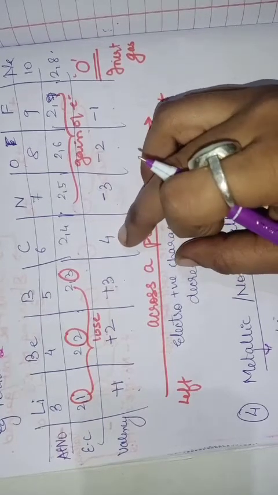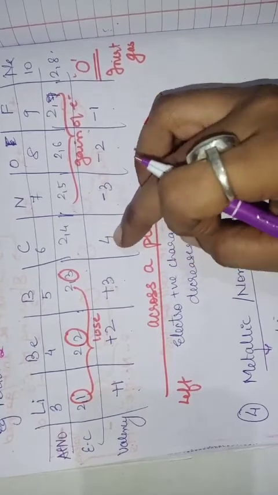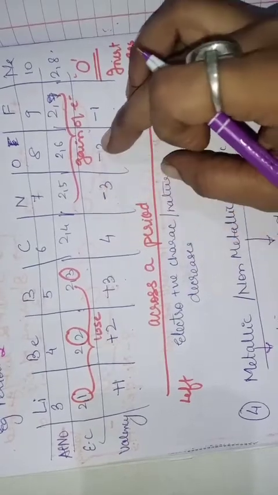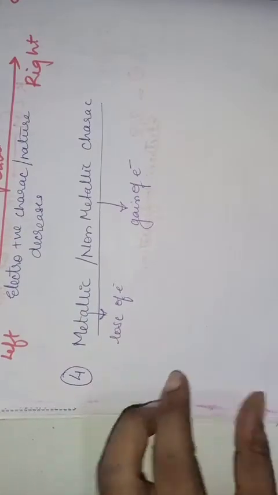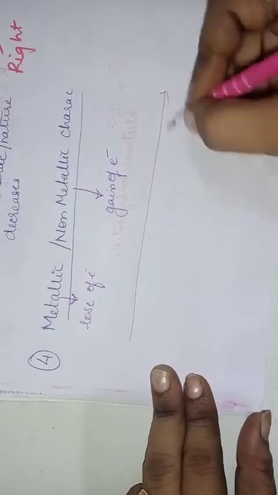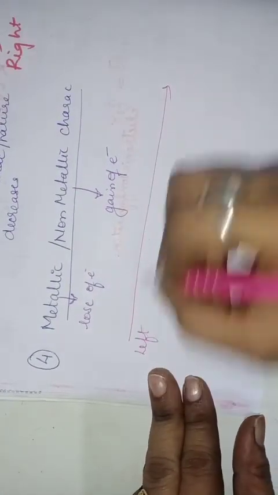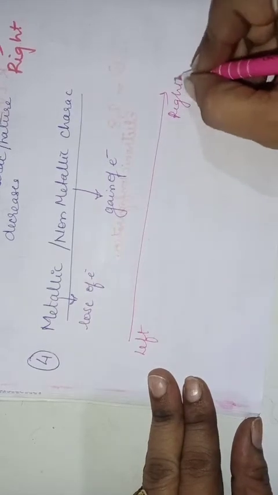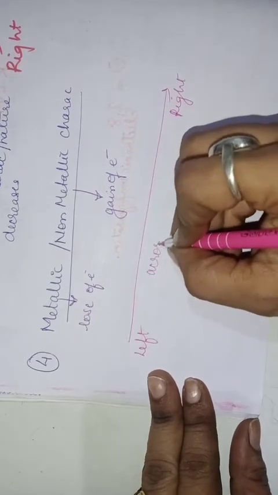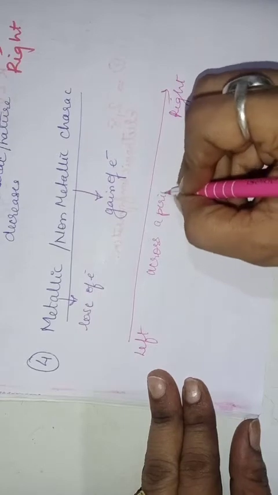So from here children, it is a non-metal and non-metal. So when we discuss the property across the period, from left to right, across a period, see, remember these terms are very important. These words that I am using.